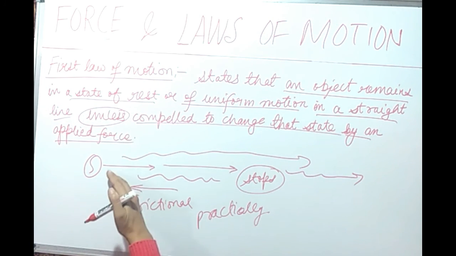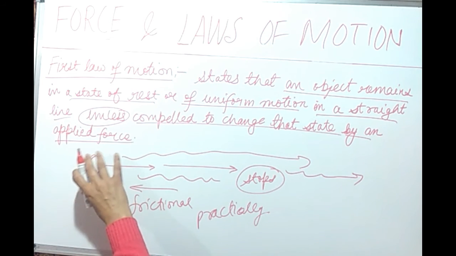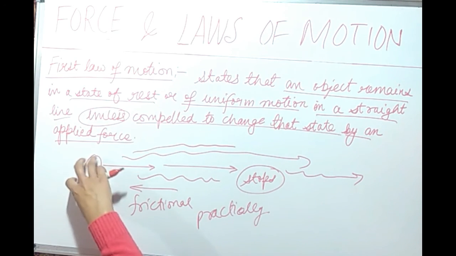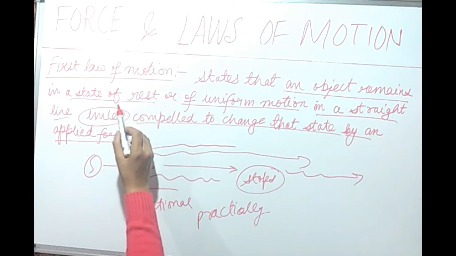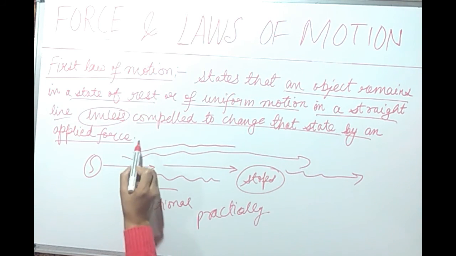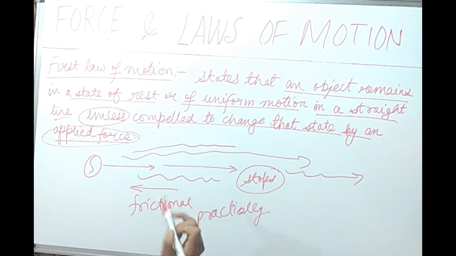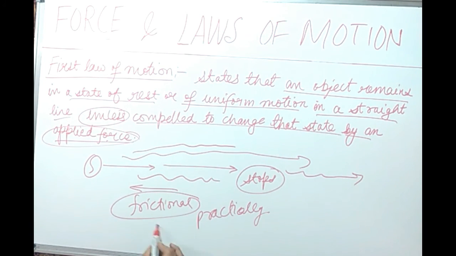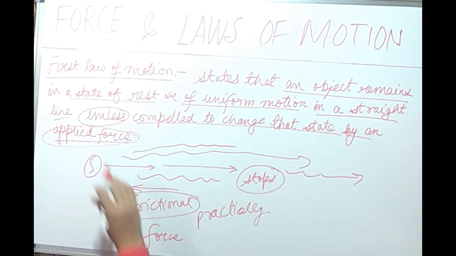So just understand what is happening here. Earlier the ball was moving continuously, and what is compelling this ball to stop? The statement of the first law says, unless compelled to change that state by an applied force. What is the applied force here? Here the applied force is the frictional force, which is stopping this ball.